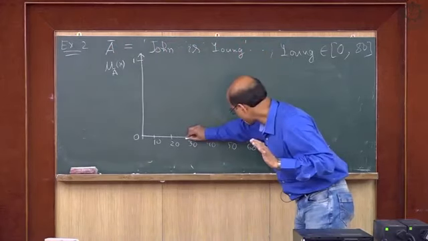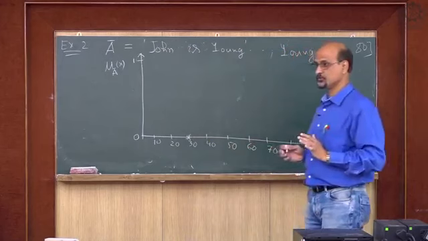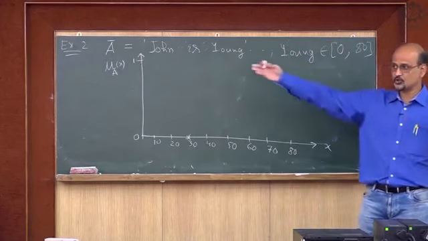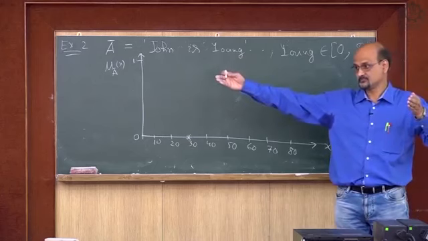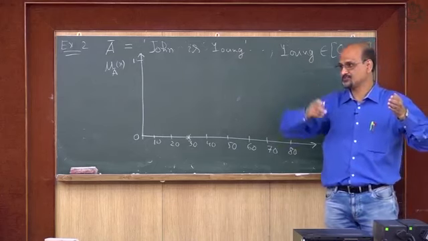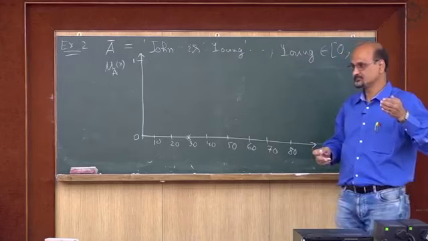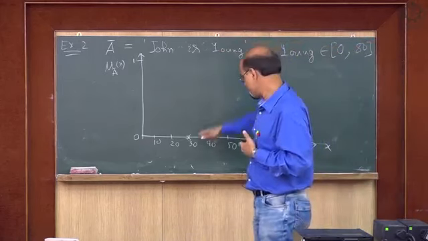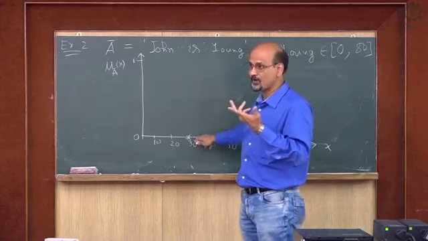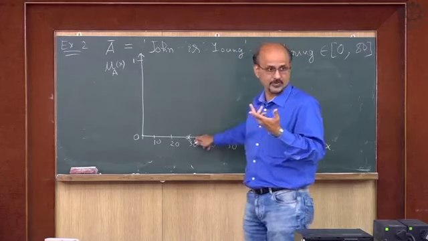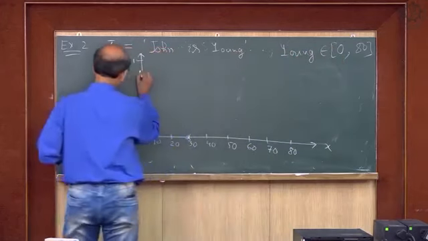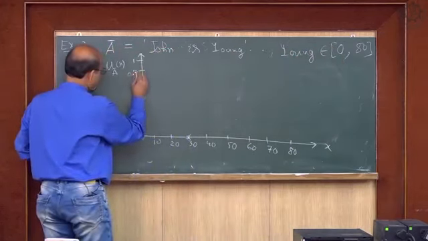So, what do you say about, suppose I take 30 years old, because you are taking 0 to 80 as young. So, 30 should be what? In that case 30 should be very, very young, in that range. So, 30 should be near to 0.9 for this range 0 to 80. Suppose it is 0.9, it will be near to 1.